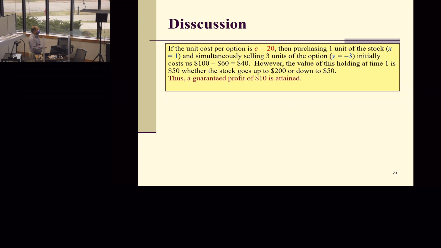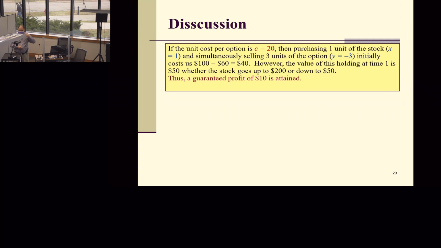Then I will end up with $100 minus $60, which equals $40 initial cost. So I need $100 to buy 1 share of stock. Everybody okay? And then $60 from selling the options.